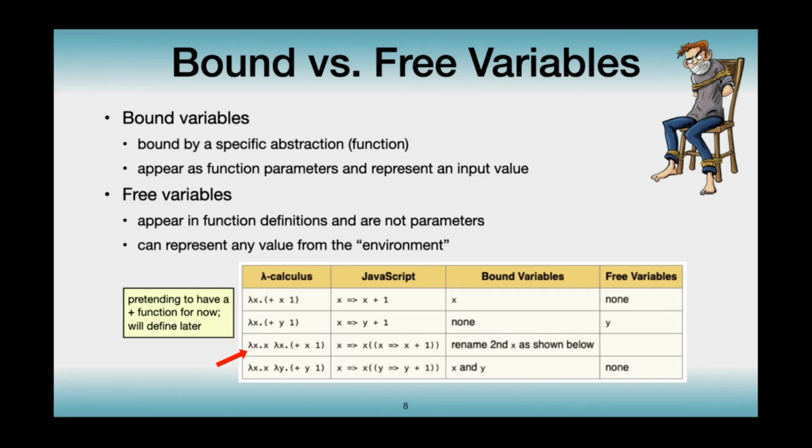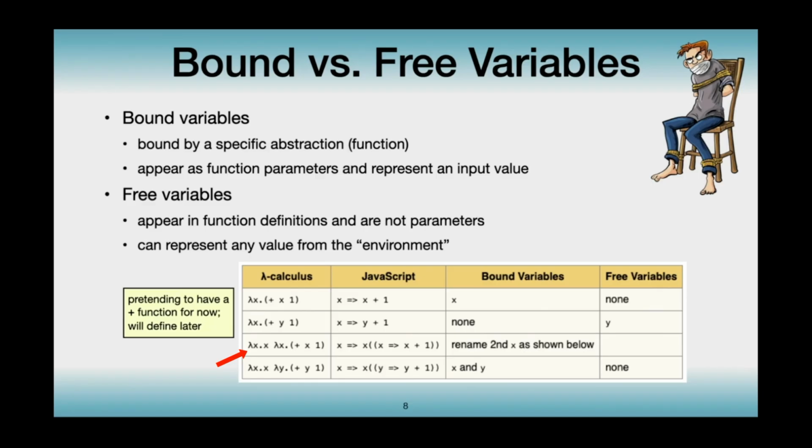The next example is interesting because there are two distinct uses of x. First, I have a function on the outside that takes the parameter x, but inside the body, it's defining yet another function that happens to also call its parameter x, but those are not the same thing.